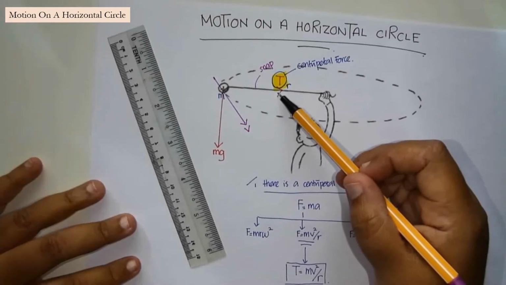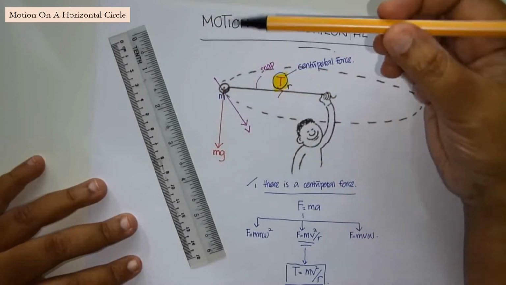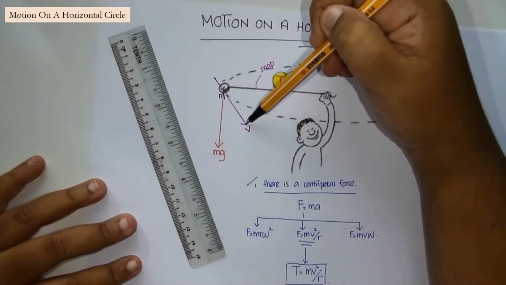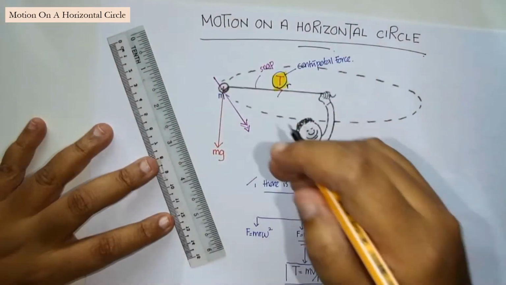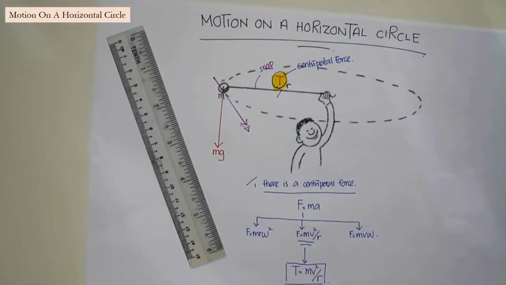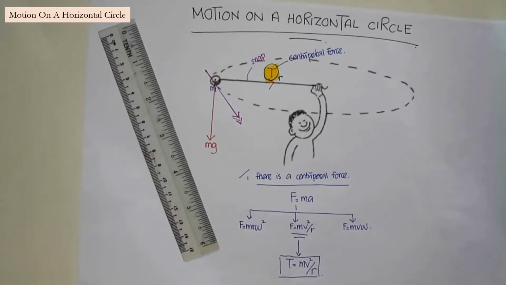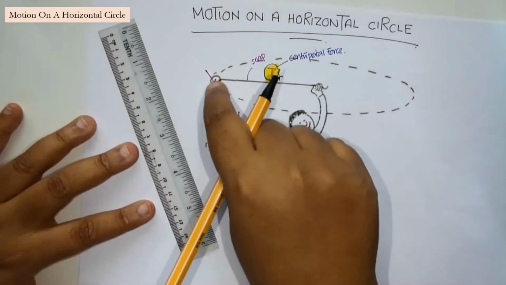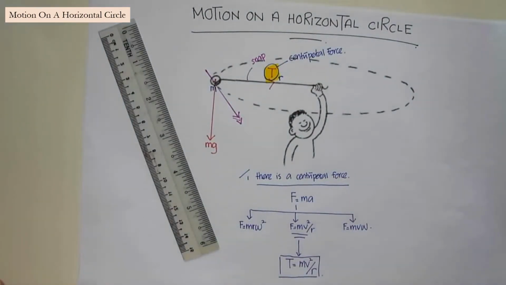According to Newton's first law, the stone will move along a straight line, following the direction of v, which is tangent to the circle. So the stone will move in this direction. That's all.